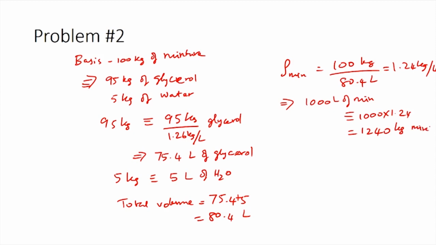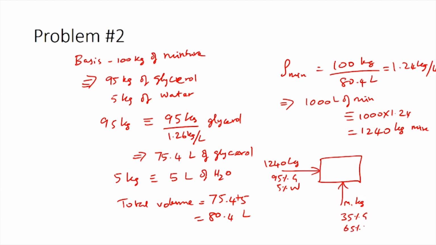So, the process flow chart would look something like this. You would have 1240 kilograms of 95% glycerol, 5% water coming in. You also have M1 kilograms of 35% glycerol, 65% water coming in through a pipe with an inner diameter of 5 centimeters.